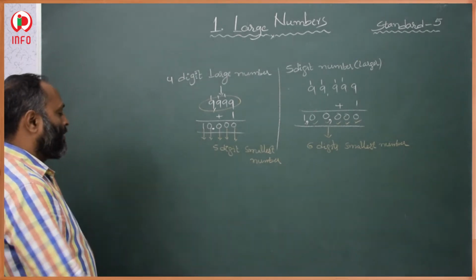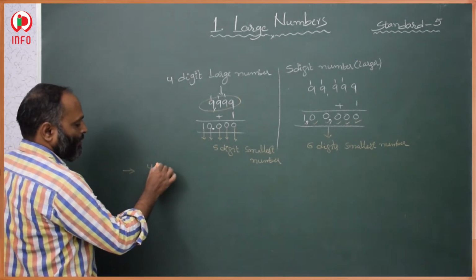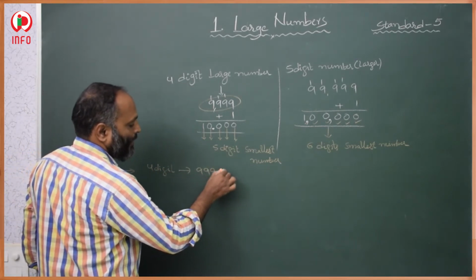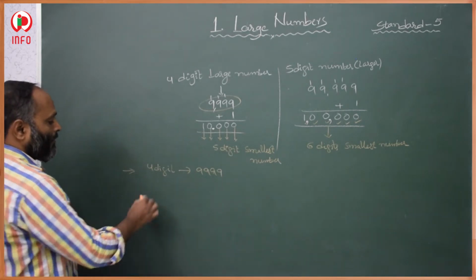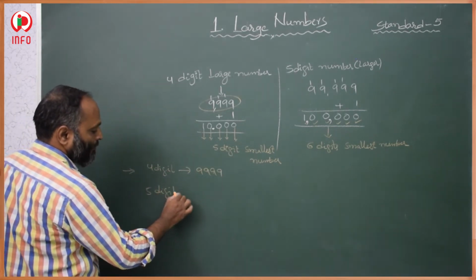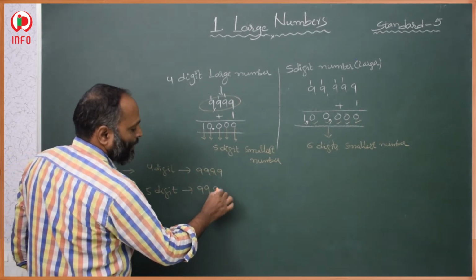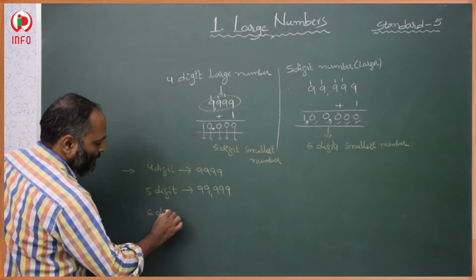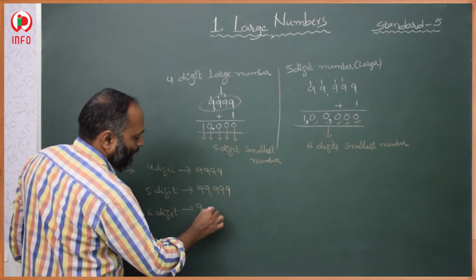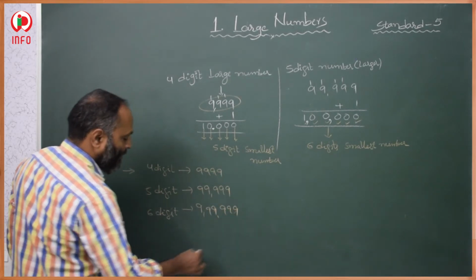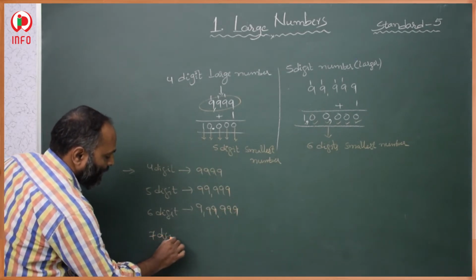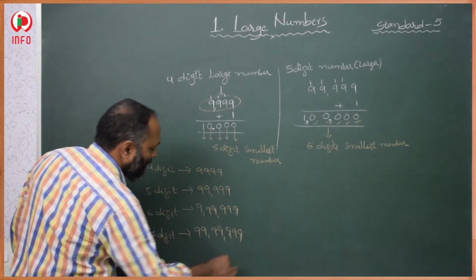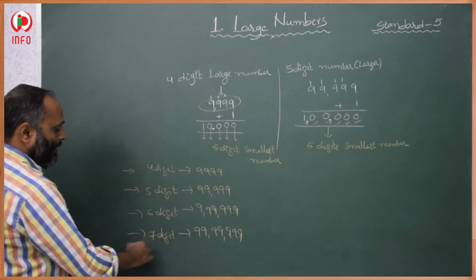It means the 4-digit greatest number is 9,999, then the 5-digit greatest number is 99,999, then the 6-digit greatest number is 9,99,999, and the 7-digit greatest number is 99,99,999.